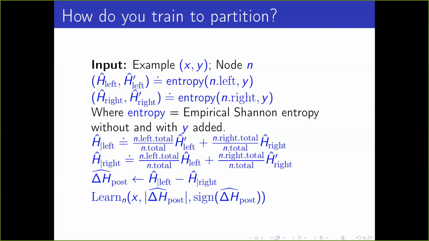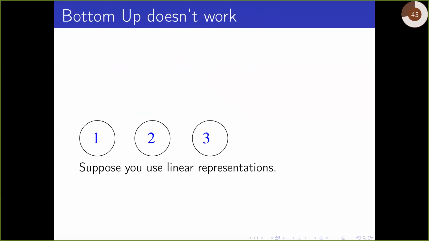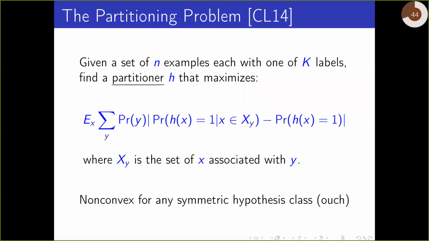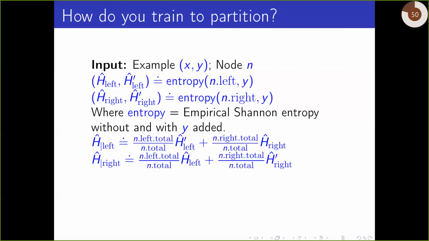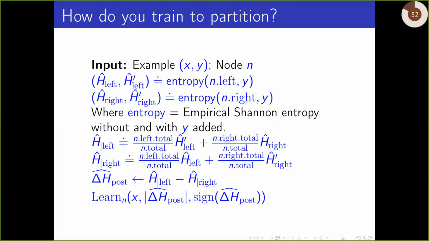Okay, so this is a way to take the partition problem, which we've defined here, and optimize Shannon entropy to try to work with the partition problem using a reduction to binary classification, or importance weighted binary classification.